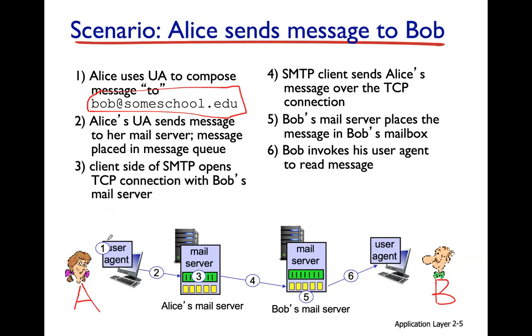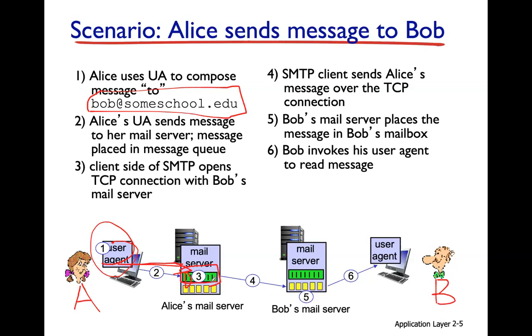So the first thing is Alice's side will send it to the mail server. So you create the message, then second, you send the message to the mail server. The mail server will queue it at its queue. So it's at the green portion. It's stored at the queuing place.